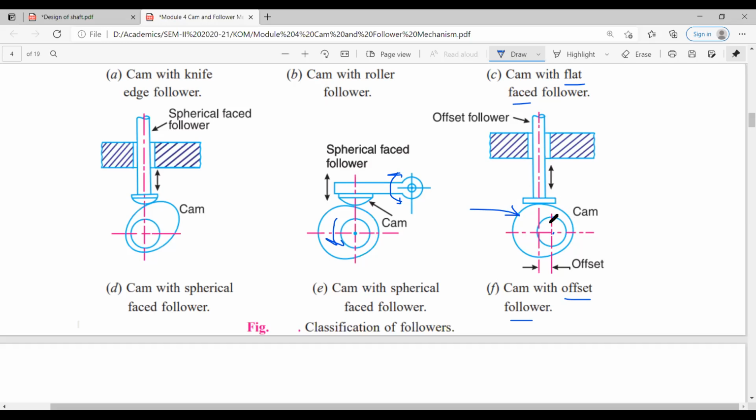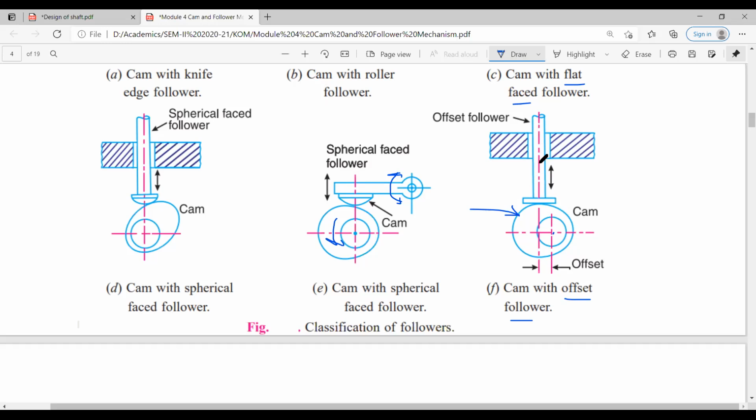The axis of the follower is not passing through the center of the cam. The center of the cam is the same as the center of the shaft. There is some offset, some distance between these two lines. Then this is known as an offset follower.